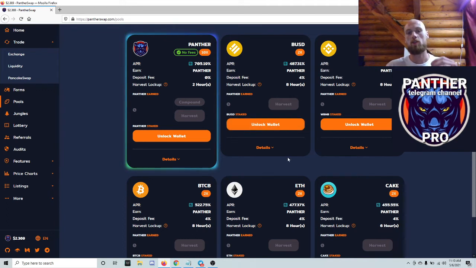But your rewards are always going to be in Panther. So you're always going to be tied to it a little bit. And that's one reason why they can have high APRs. Same with Cake, same with all these. So that's practically the gist of it actually.